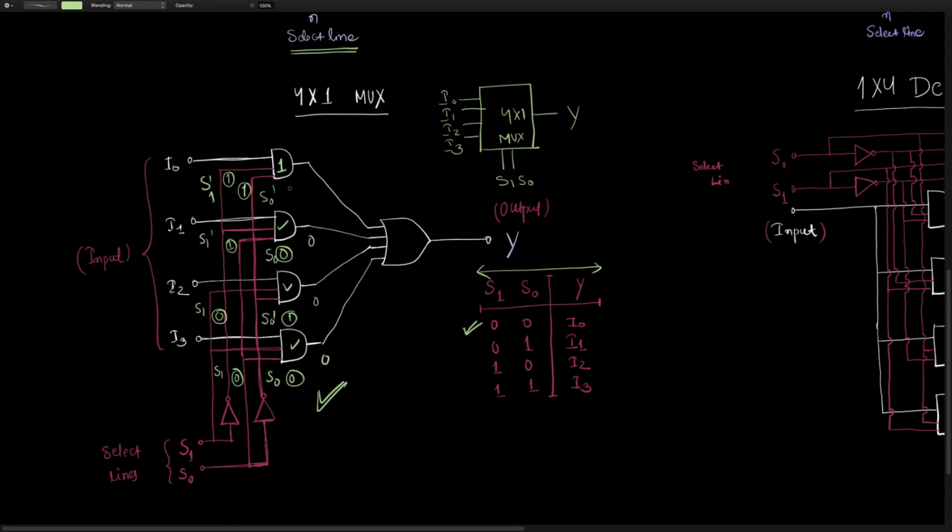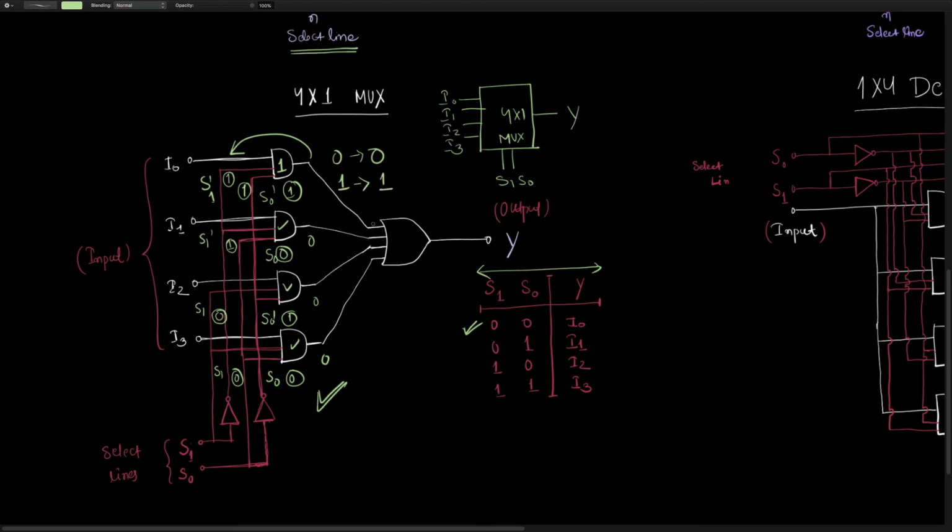Whereas in this first gate, all the other inputs except I0 are going to be 1. So what happens is the output will follow I0. If I0 is 0, the output is going to be 0. If I0 is 1, then the output is going to be 1.